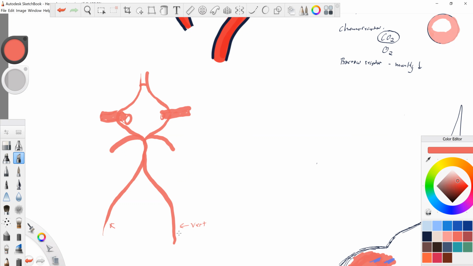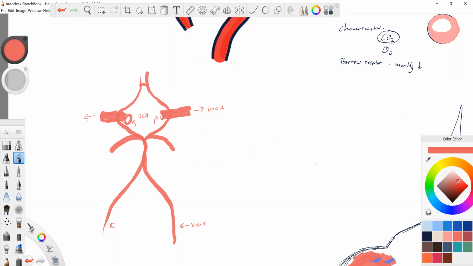The ICA. Kind of comes up like that. And then I'll continue out with the MCA. MCAs, middle cerebral artery.